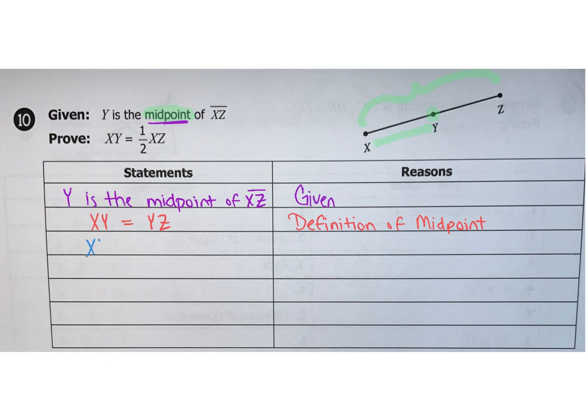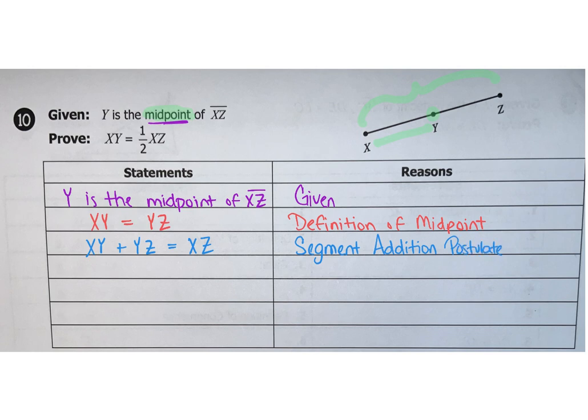So if I add up my XY and my YZ, then I should get my XZ. Why do I know that? Segment addition postulate. This is one we're going to dream about. Segment addition postulate.